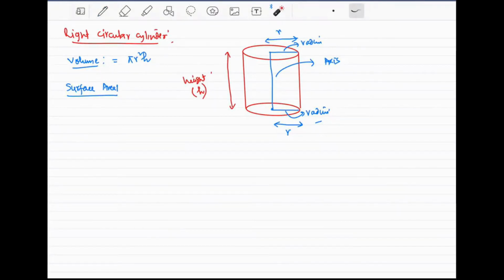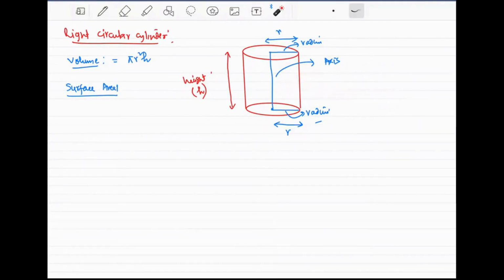So this portion right here, the area of this portion right here, you take your glass and the portion where the glass is staying, the area of that portion is called the curved surface area.